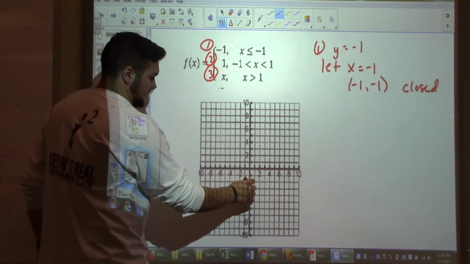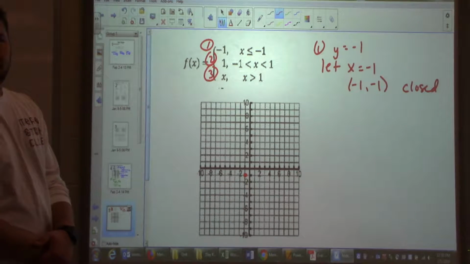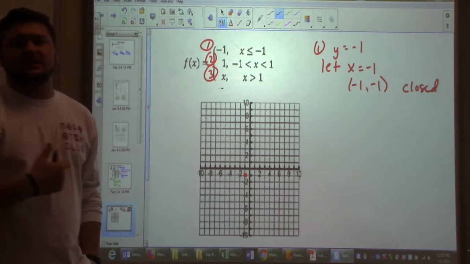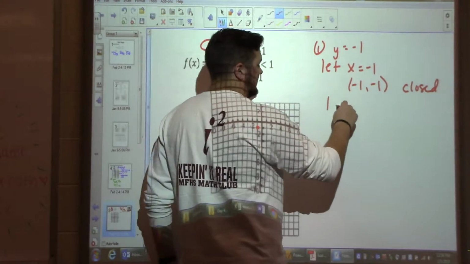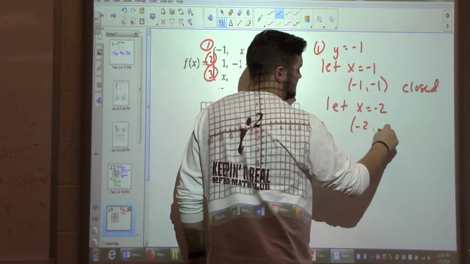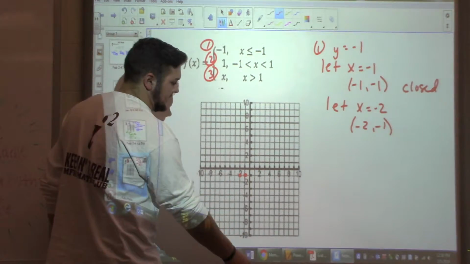So at negative 1, I have a closed endpoint. What's another x value that's less than or equal to negative 1? Negative 2. So let x equal negative 2. I get negative 2, negative 1. So negative 2, negative 1 is another point on my line.